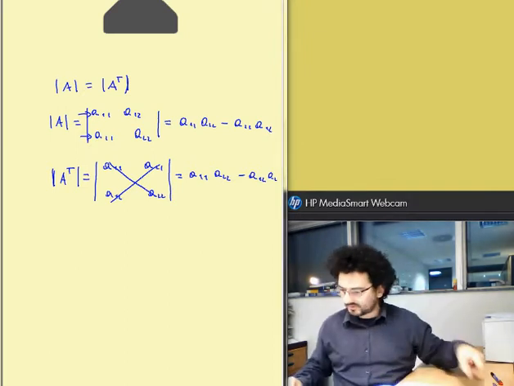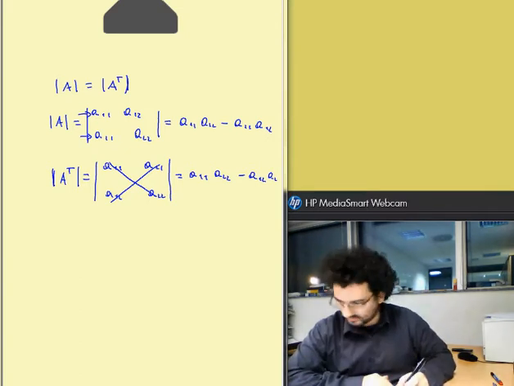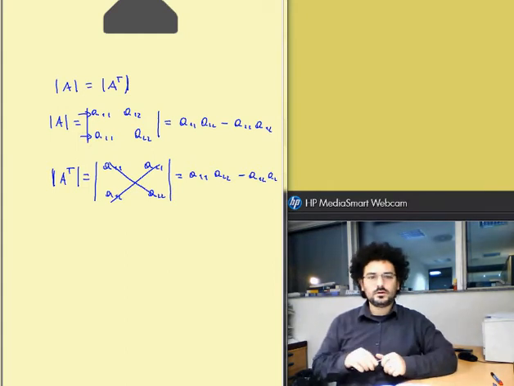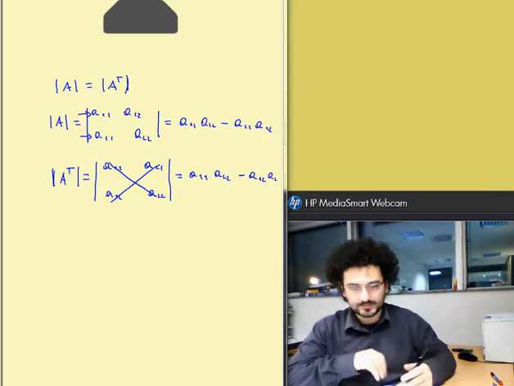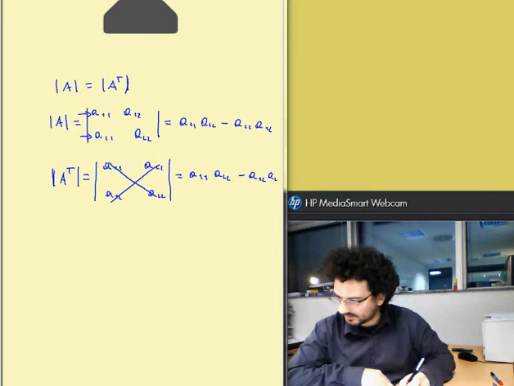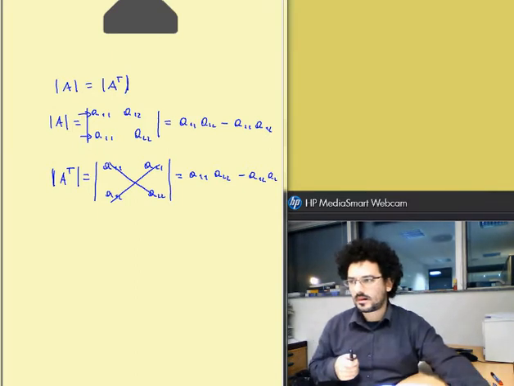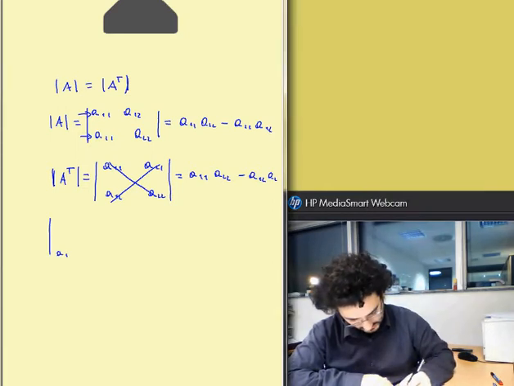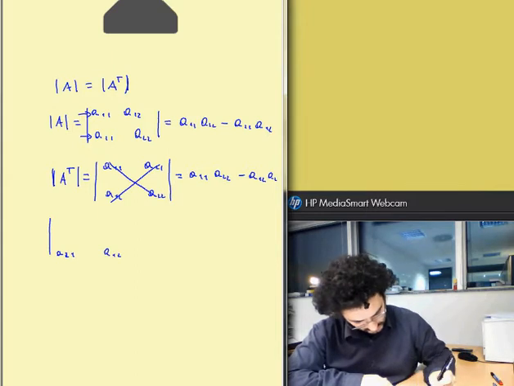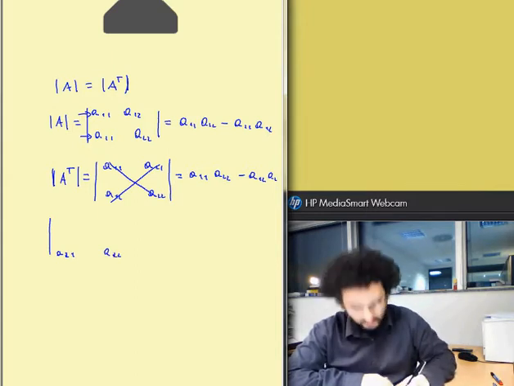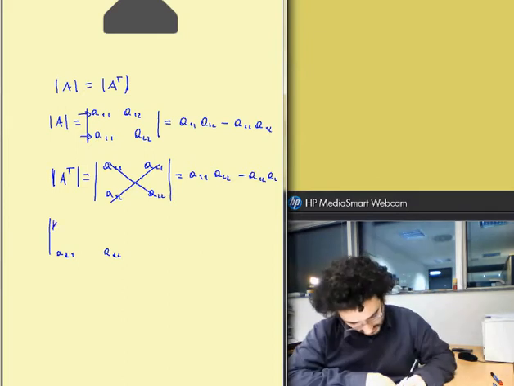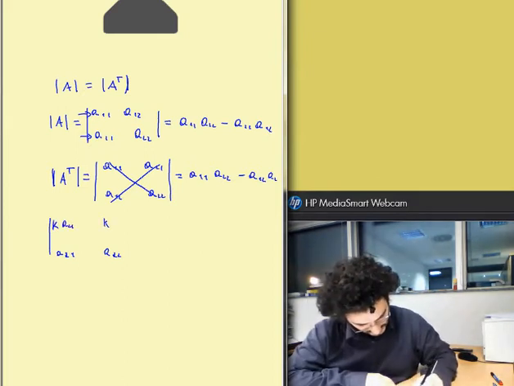Another important property is that if we consider a 2 by 2 matrix, but it's true also for matrices of greater order, in which the second row is A21, A22, and the first row is equal to a scalar multiplied by the second row, so we have K A21, K A22.